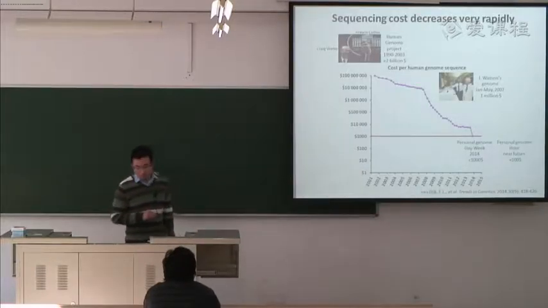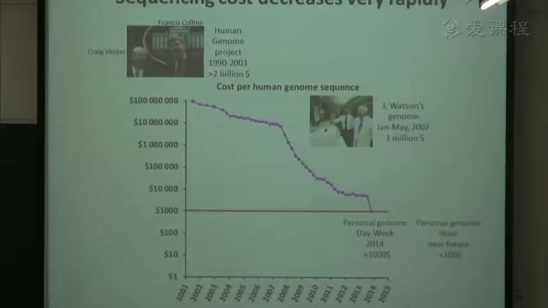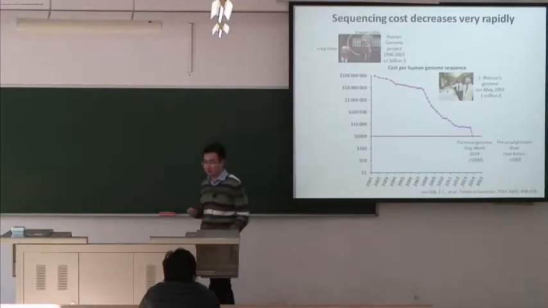More dramatic is how the cost of human genome sequencing decreased. As you may know, the Human Genome Project, which ran from 1990 to 2003, cost more than $2 billion. But till now, till 2014, Illumina just announced that they have decreased the cost to like $1,000 to sequence the whole genome of a human.